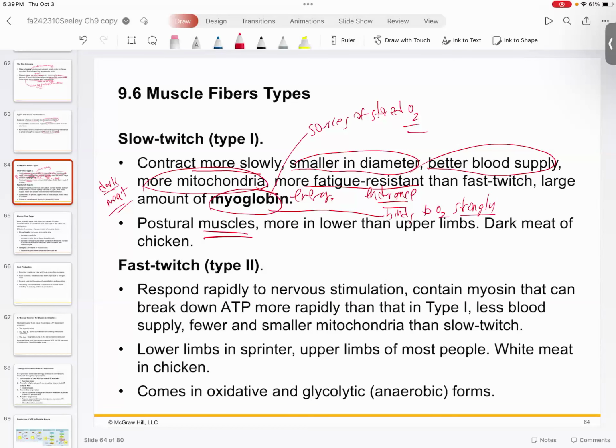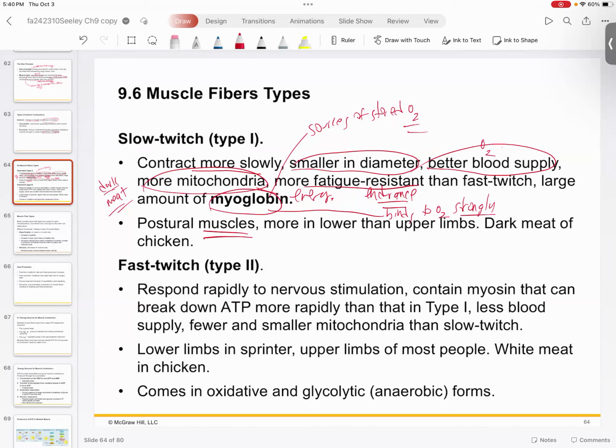By the way, we were looking at this in terms of diameter and the number of muscle fibers that you have in a motor unit. We talked a little bit about it first there. But if you're in an endurance game, this is one of the reasons why you have a rich blood supply. Why do you have rich blood supply?